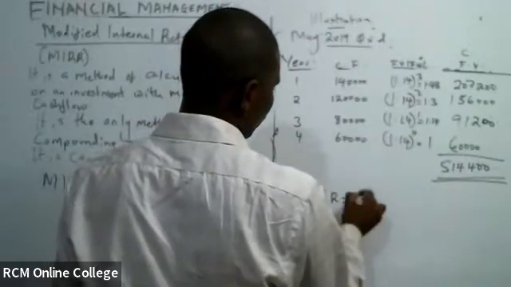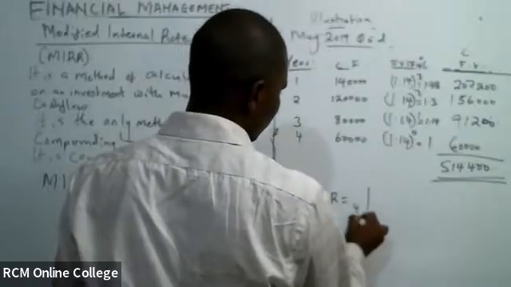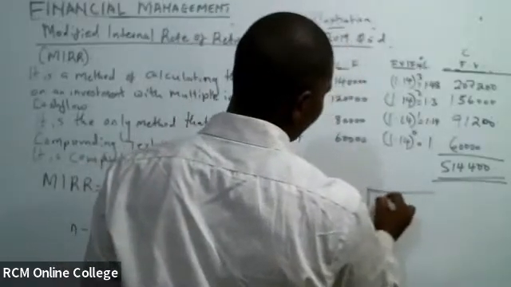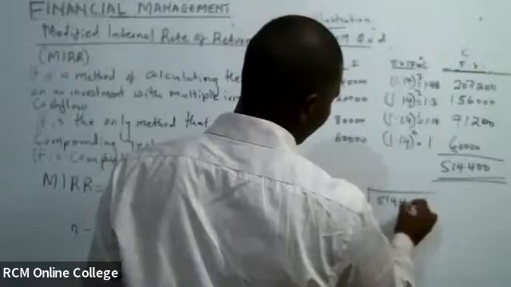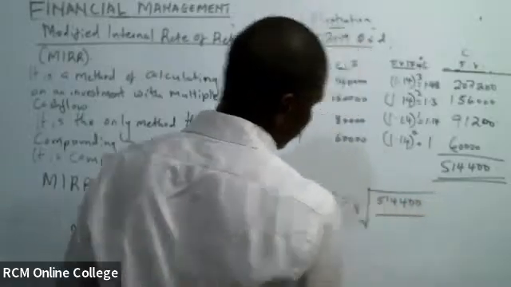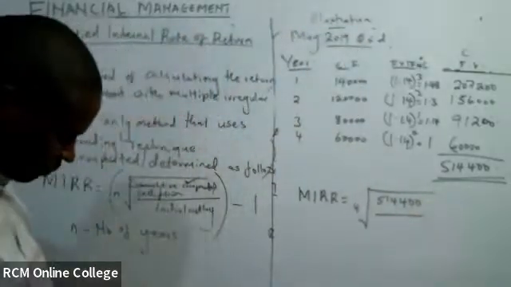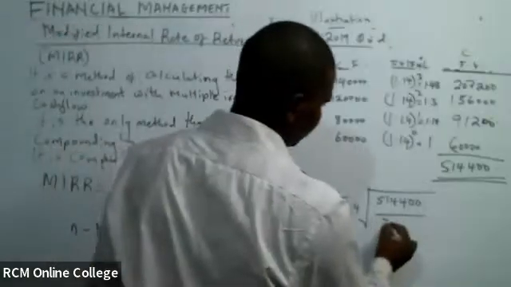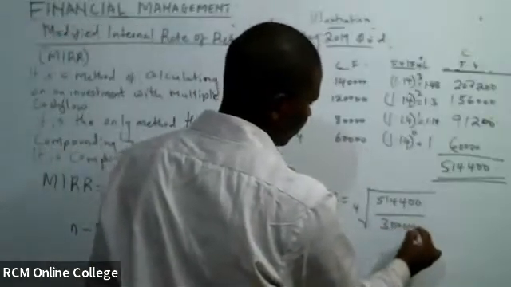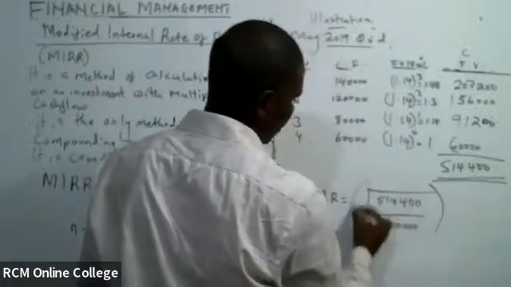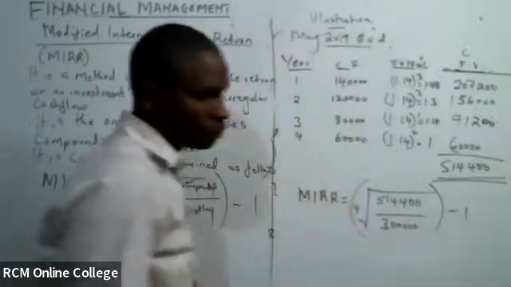MIRR is equal to the 4th root of 514,400 divided by our initial outlay, which is 300,000, then whatever I get there minus 1.